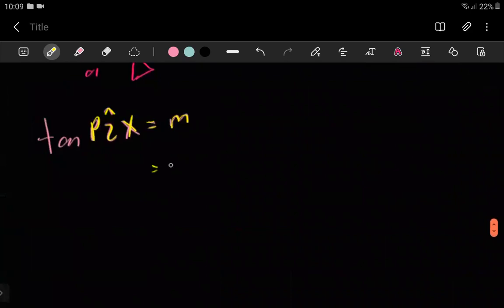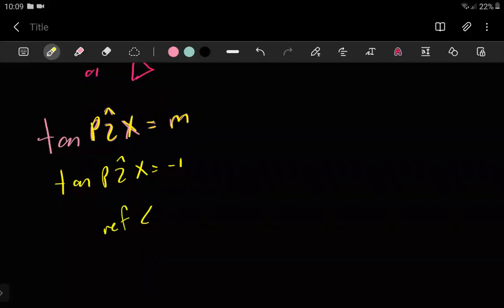So the gradient is -1. Our reference angle is equal to shift tan, and we always take this as a positive value. In the calculator, what does that give us? 45. Oh, the calculator uses 45. Yeah, you're right, so this is going to be 45 degrees.